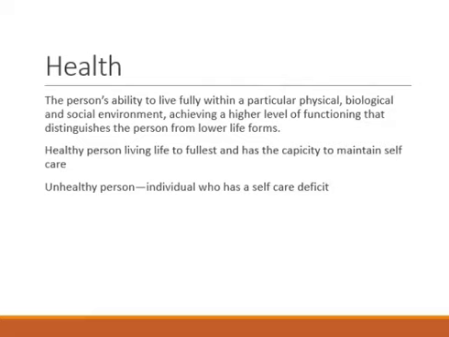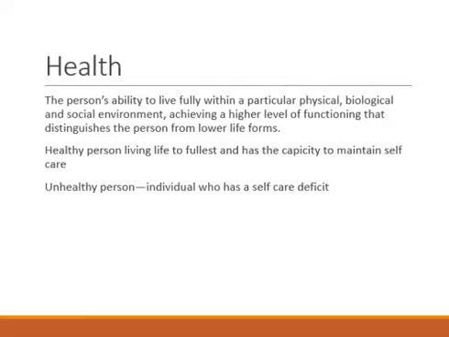Those activities can include things like air, water, and food, excretion of waste, activity and rest, solitude and social interactions, avoiding hazards to life and well-being, and being normal mentally under universal self care.